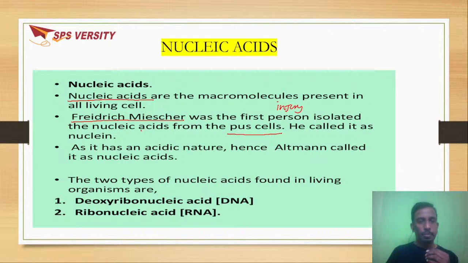From the nucleus of pus cells, it was extracted. That's why it is called nuclein. Why is it called nuclein? The reason is it is extracted from the nucleus of pus cells, and they show acidic nature. That's why they are called nucleic acids.